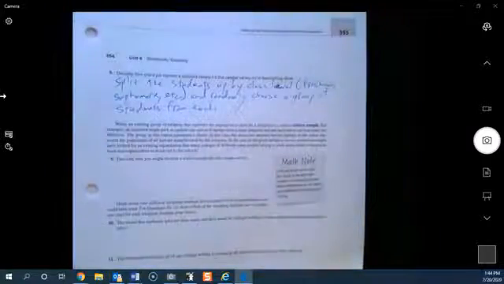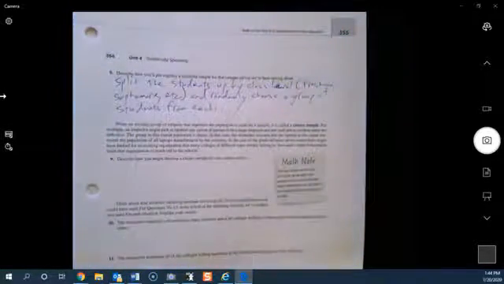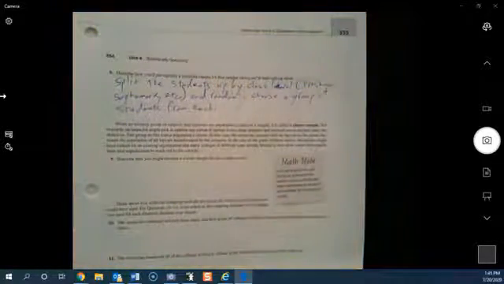It says when an existing group of subjects that represent the population is used for a sample, it is called a cluster sample. For example, an inspector might pick at random 1 carton of laptops from a large shipment and test each one to see how many are defective. The group in this carton represents a cluster. In this case, the researcher assumes that the laptops in the carton represent the population of all laptops manufactured by the company.